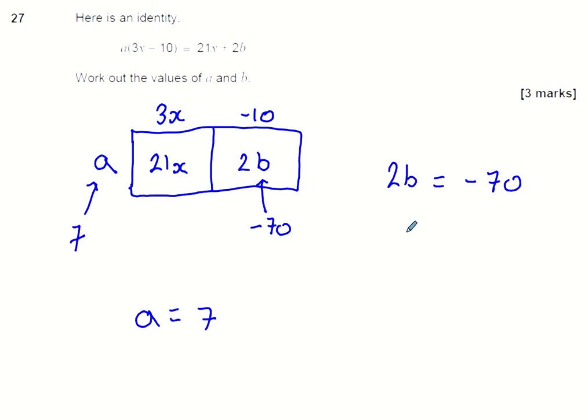And so if I want to work out what just 1b is worth, I can divide that by 2. And that has to be done on both sides. So minus 70 divided by 2 is minus 35. And so our final answers are that A is equal to 7 and B is equal to minus 35.